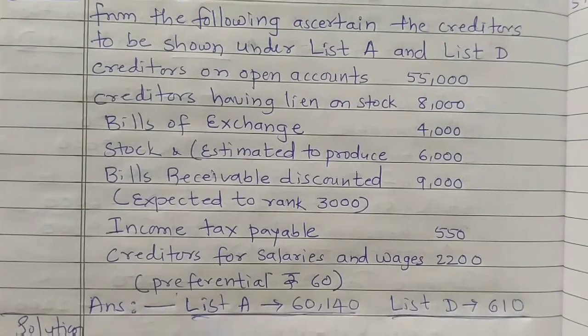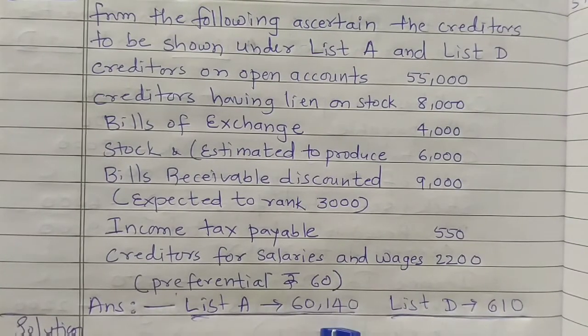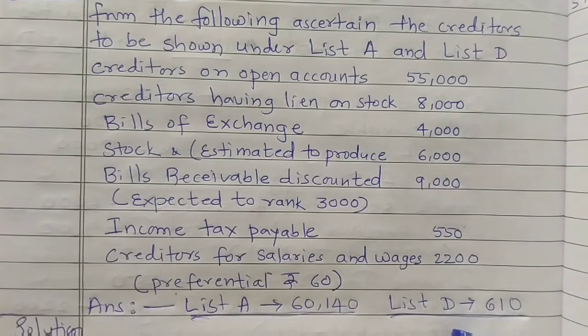And the answer for this: list A 60,140 and list D for preferential creditors 610.